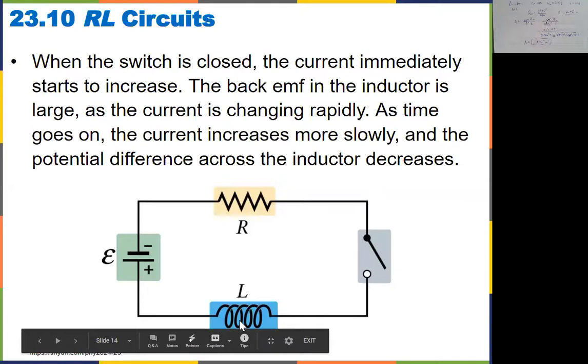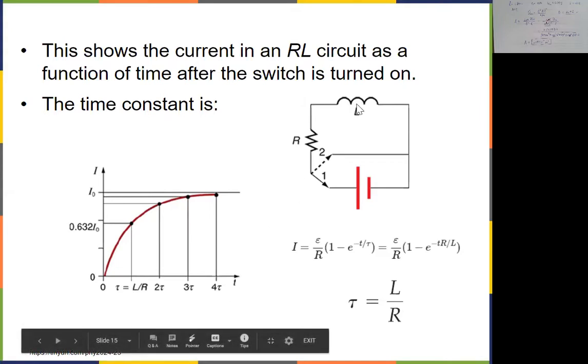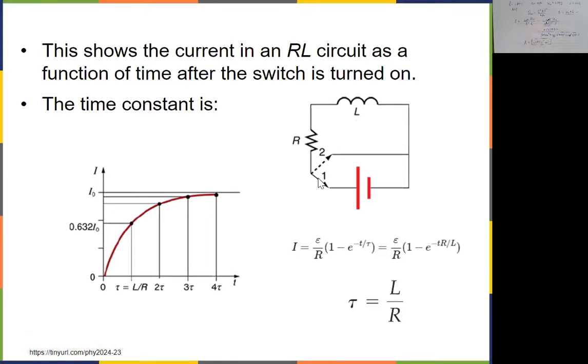Basically, this can be shown, unfortunately, only by using calculus. If you have an inductor, you see a symbol like this and an L. If you flip the switch so it's powered by the battery, you'll see the current build up, but a little bit slowly.